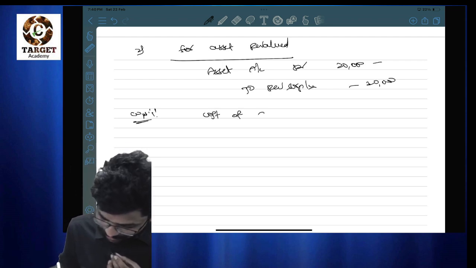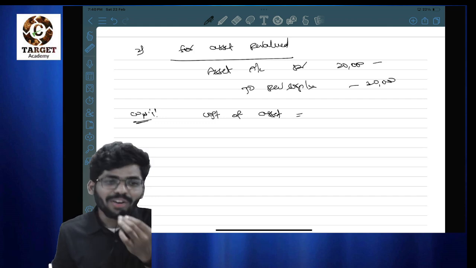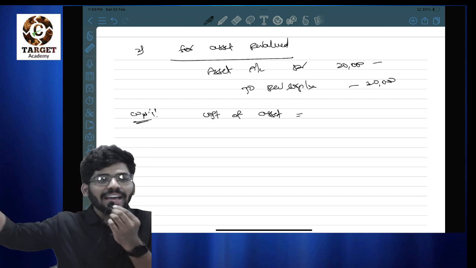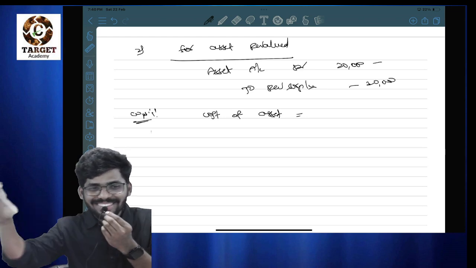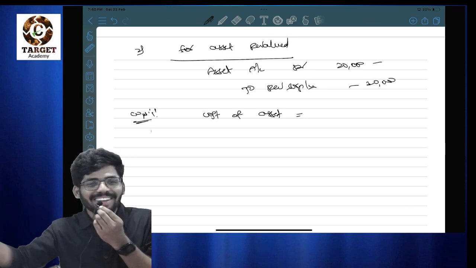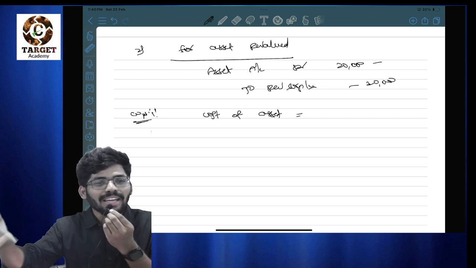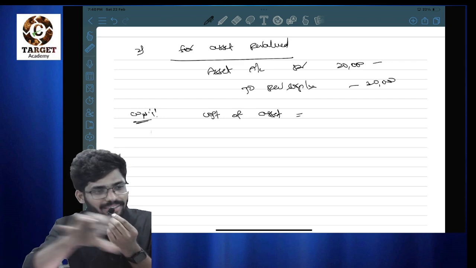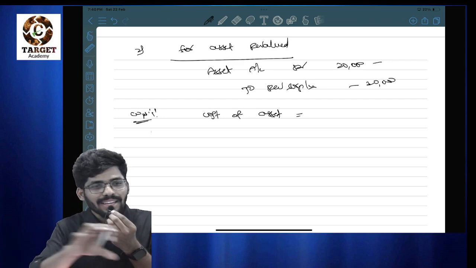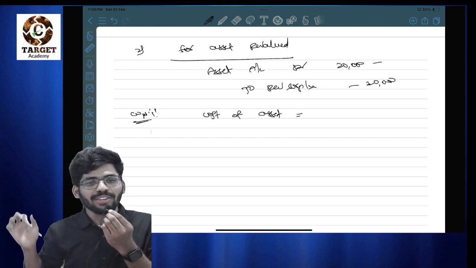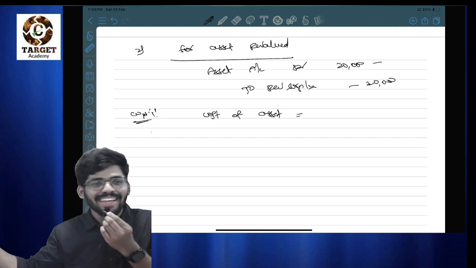Cost of asset equals. So if you want, you can write the calculation of the carrying amount of the asset: particulars, amount; cost of the asset 1 lakh, accumulated depreciation 55,000, carrying amount 45,000, revalued amount 65,000, revalued figure upward 20,000. That's how we can elaborate the answer.